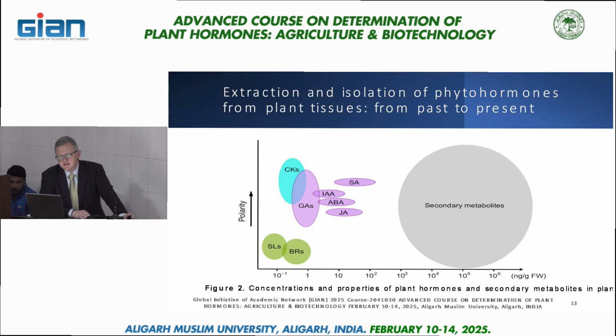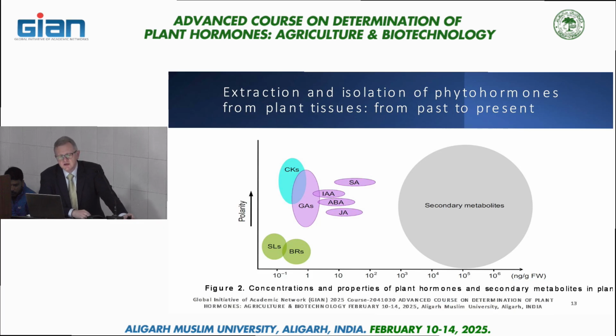Auxin, abscisic acid, jasmonic acid, and salicylic acid have lower polarity than cytokinins, but higher concentration, ranging from 10 to 100 nanogram per gram. On the other hand, strigolactones and brassinosteroids are the least polar hormones and are found at much lower concentration, from 0.1 to 1 nanogram per gram fresh weight.